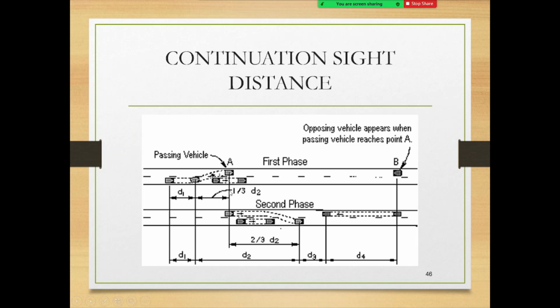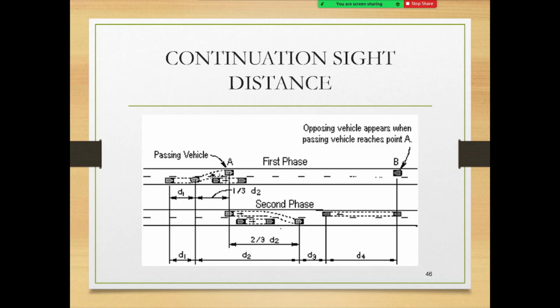Now this fellow is here. Okay, anyway he has come here. After that, he has to take a decision whether I should complete this task here like this or abort. That means, okay, I'll again go back behind this person. For that, there should be enough sight distance.